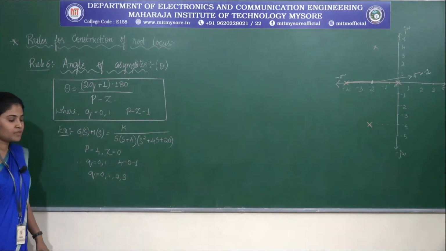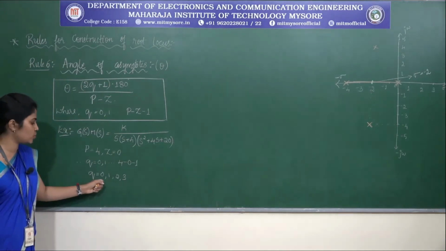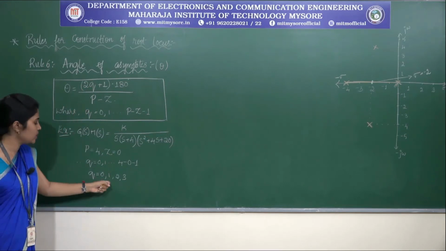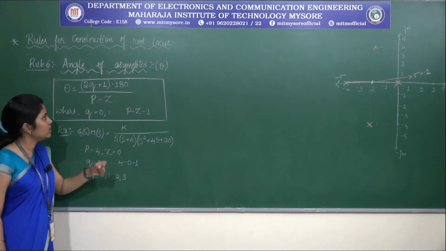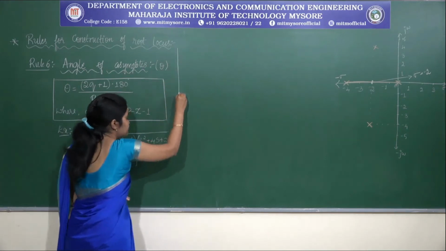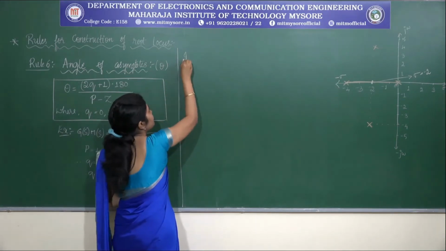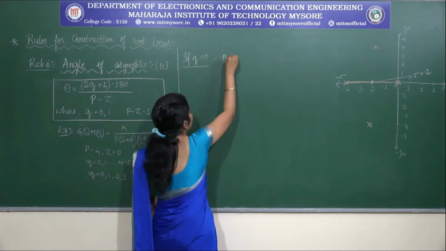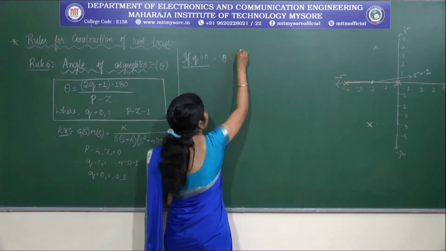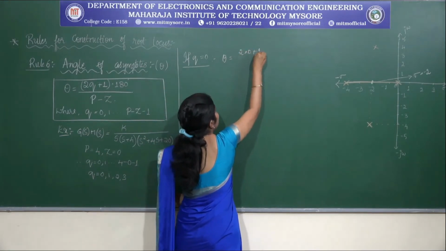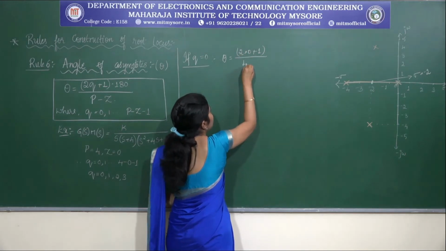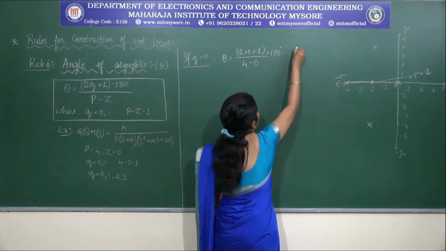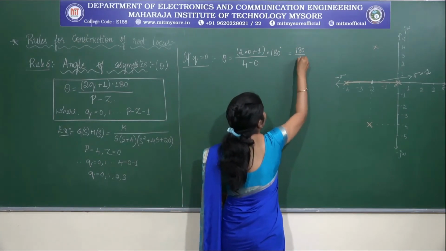Now I need to substitute the values of q as 0 in this equation, which gives us the first angle of the first asymptote, then 1, then 2 and 3. Let us try to find out the angles. If q is equal to 0, then theta will be equal to (2 into 0 plus 1) divided by 4 minus 0 into 180, which is nothing but 180 by 4.